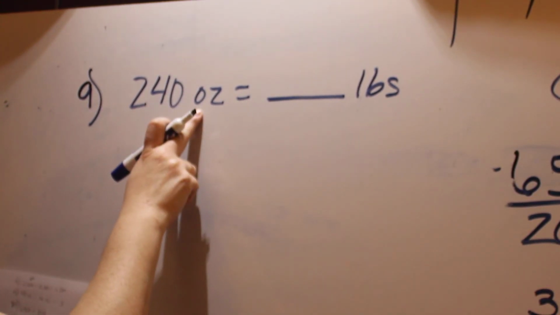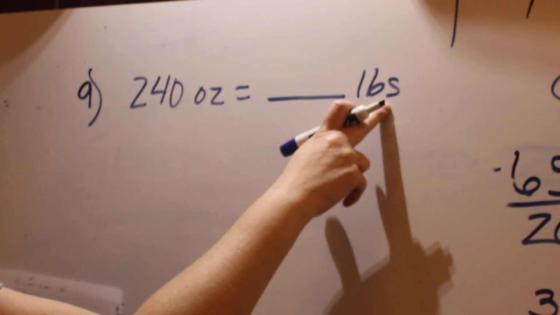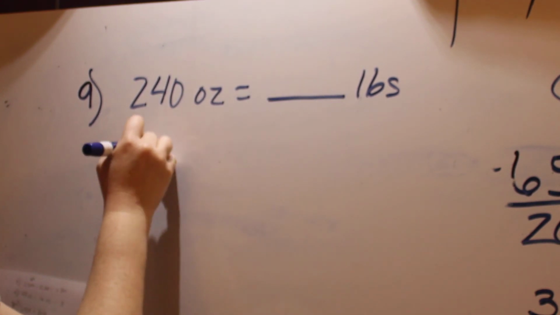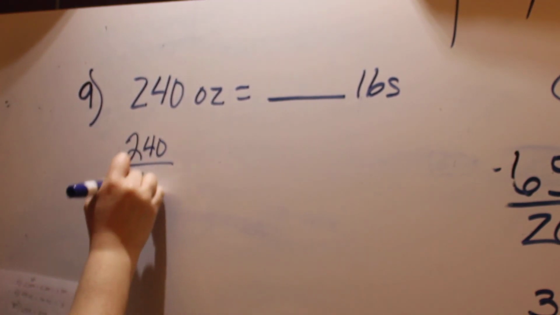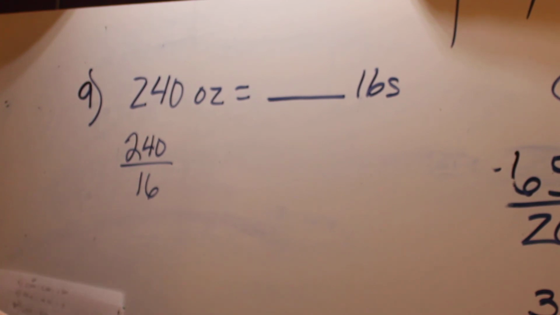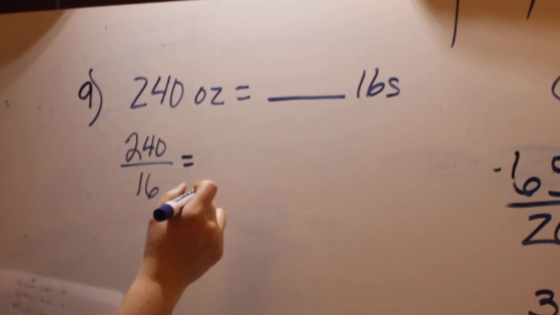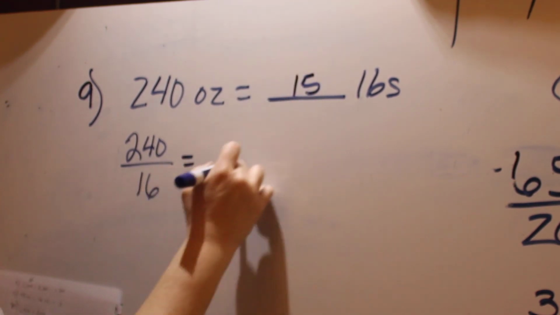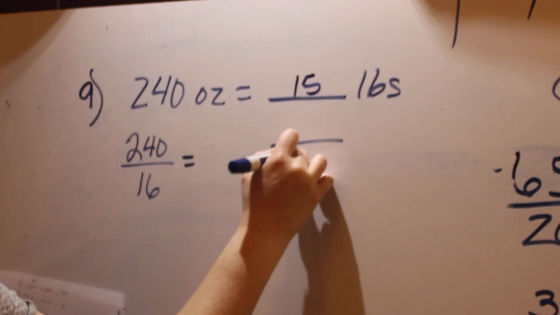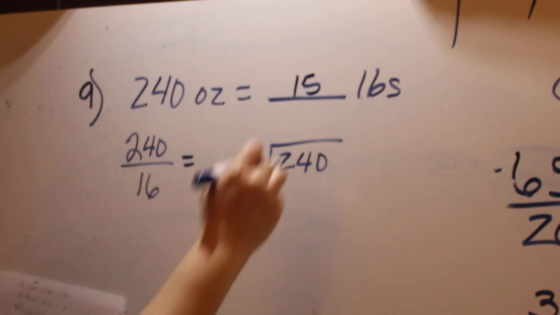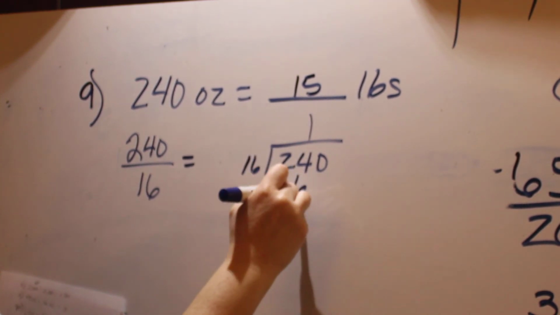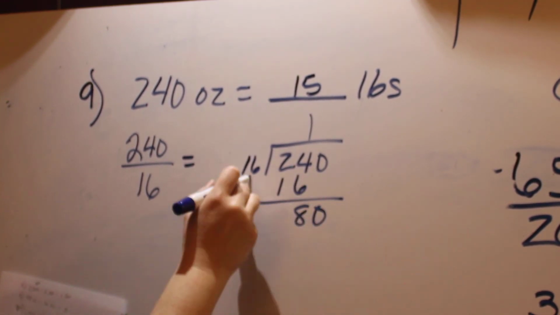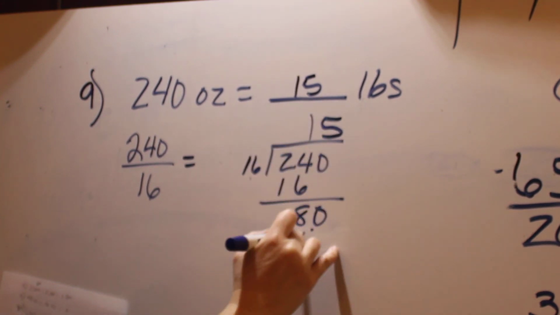Well, I'm going from fly to horse, so I need to divide. So 240 ounces divided by 16 ounces in 1 pound gives me 15 pounds, right? If I were to do this, looks familiar. 16 into 80 is 5.